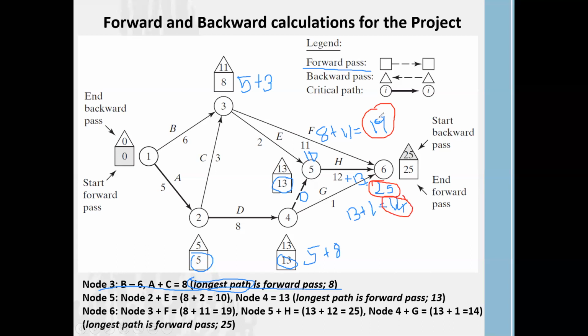Now, comparing 19, 25 and 14, what is the longest path? The longest path is 25. Therefore, for node 6, your forward pass is 25. Okay, so I believe now you have some idea about what we are talking about with the forward pass.